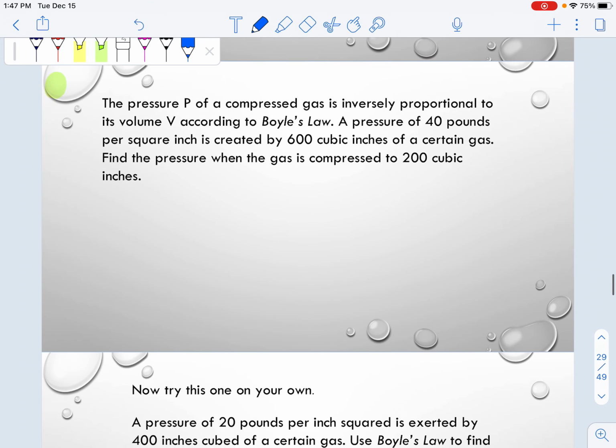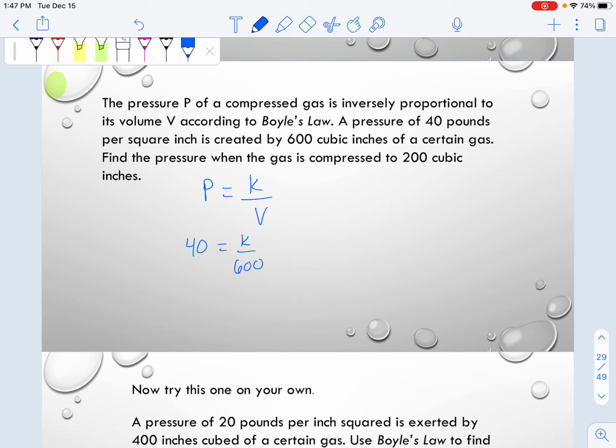Okay, two problems to go. The pressure P of a compressed gas is inversely proportional to the volume according to Boyle's law. So we have a constant of variation and inversely proportional to the volume. A pressure of 40 pounds is created by 600 cubic inches.